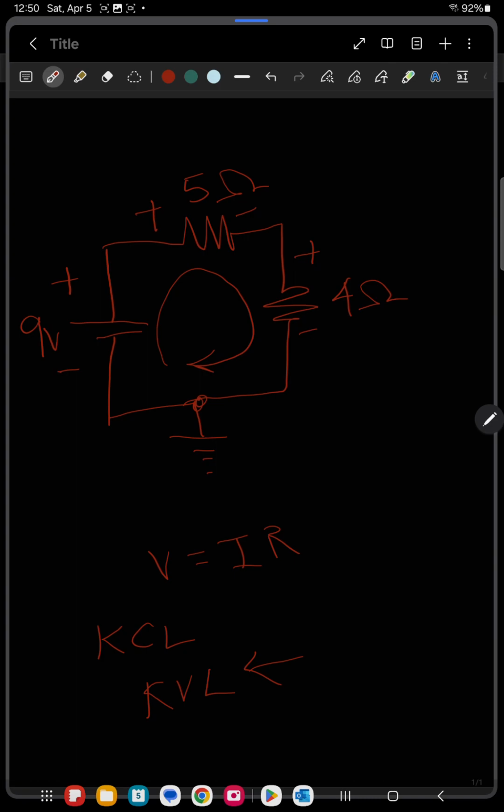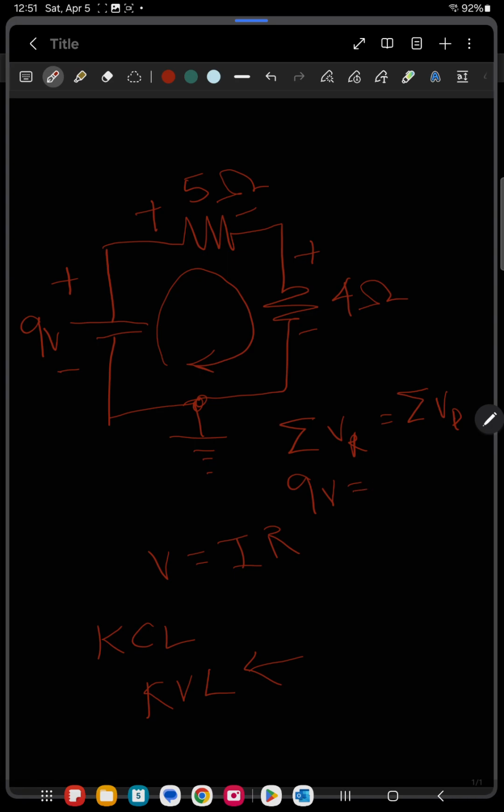And the same is true for the 4 ohm resistor. So the way that I do this equation is you put the sum of the voltage rises equal to the sum of the voltage drops. And there's only one rise, and that is the 9 volts.